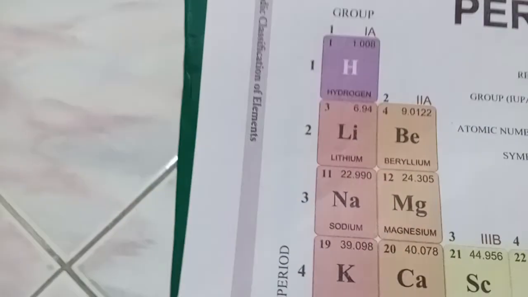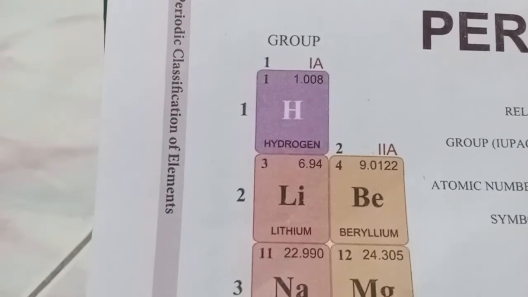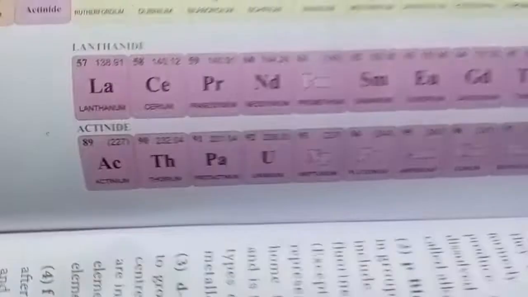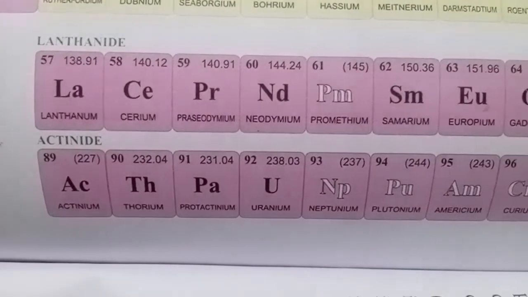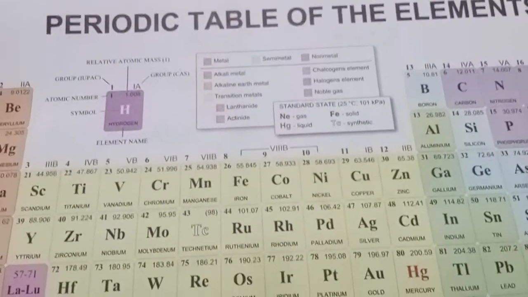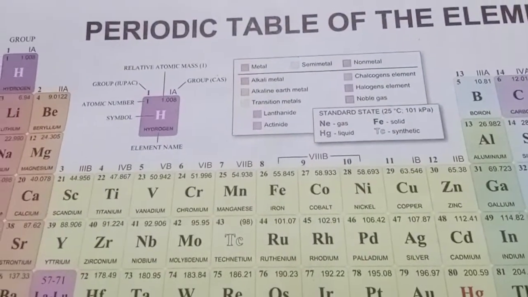And one more thing is that here we have hydrogen, lithium, sodium, potassium, like this. Hydrogen is the first element because it has only one proton and one electron. And some of the elements are grouped as lanthanides and actinides. So these are the main structure of the periodic table of elements, but that is not needed now. Okay, we will move to the book back evaluations.